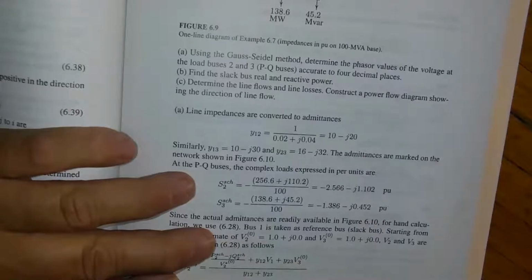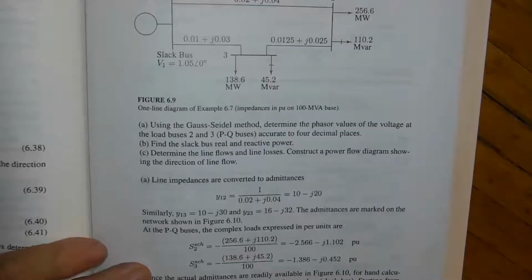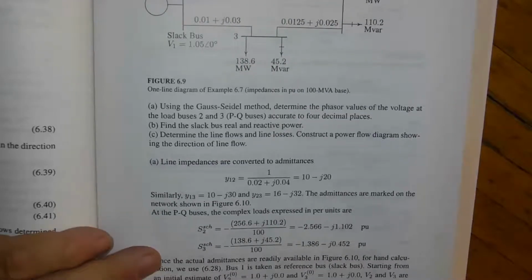Similarly, Y13 is 1 over 0.01 plus j0.03, which gives 10 minus j30, and the inverse of 0.0125 plus j0.025 is 16 minus j32. So now the admittances are marked.